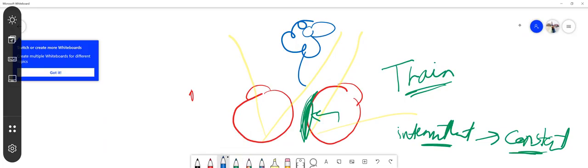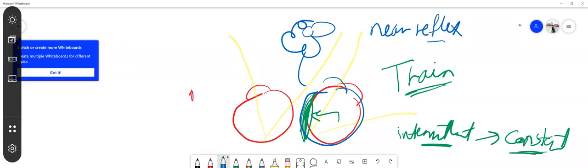It will make the eye return to the well-aligned position and control this intermittent exotropia. So again, how can we train or stimulate this medial rectus? By stimulating the near reflex. If we stimulate the near reflex, we are stimulating accommodation, and accommodation will stimulate convergence.